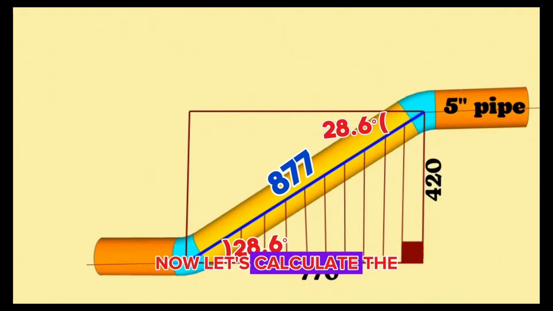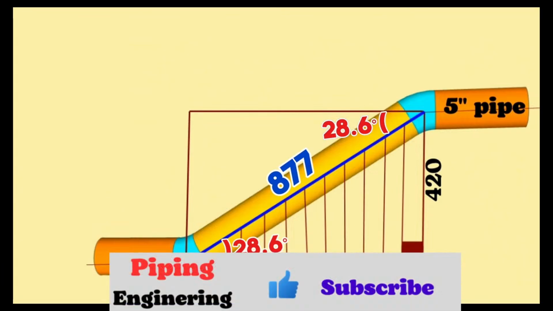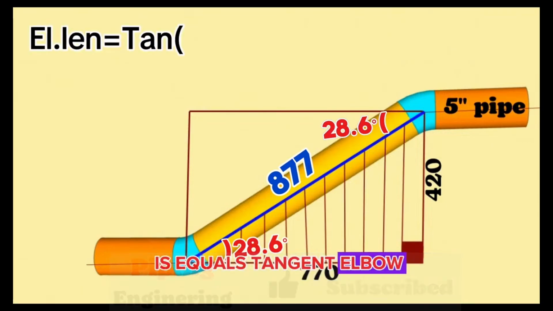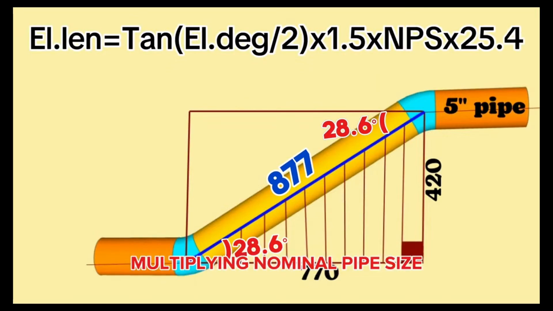Now let's calculate the dimensions of these elbows from the center to the end. The formula for calculating the center to end distance of such cut elbows is as follows. Elbow length is equal to tangent of elbow degree divided by 2, multiplied by 1.5, multiplied by the nominal pipe size of the elbow NPS, multiplied by 25.4.